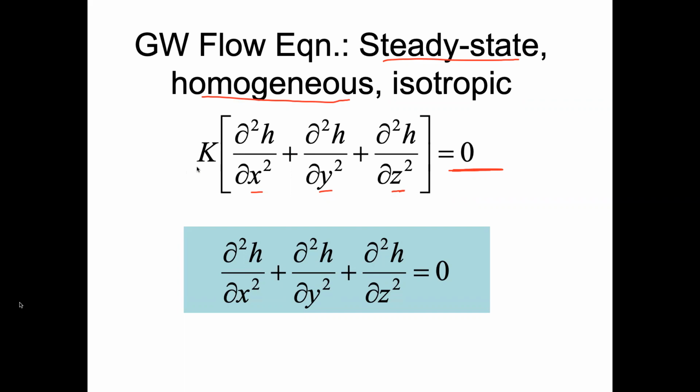But our hydraulic conductivity is isotropic because of the way that material is oriented: our K in the X, the K in the Y, and the K in the Z are all exactly the same. That's what's making it isotropic. And because that K is the same, we could divide K out here, and divide 0 by K, which would just be 0, and we end up with the equation that we have below.